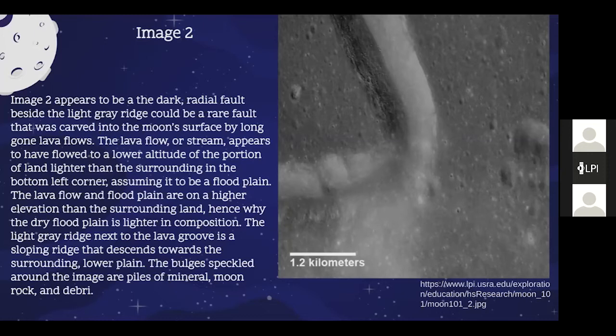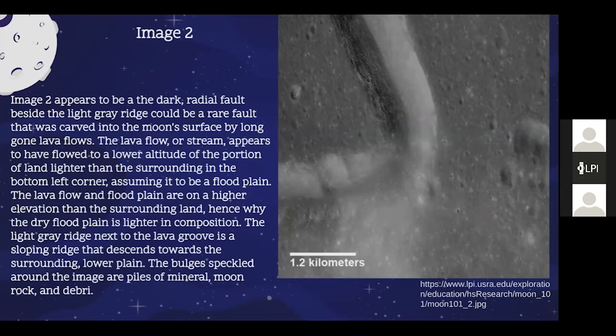And that weakened the surface. So then the magma underneath was able to punch its way up and fill in those big basins with lava, which later solidified. And we now see those as the mare.